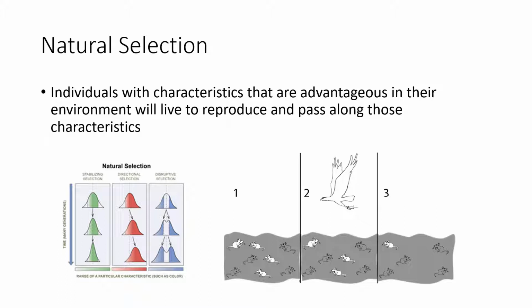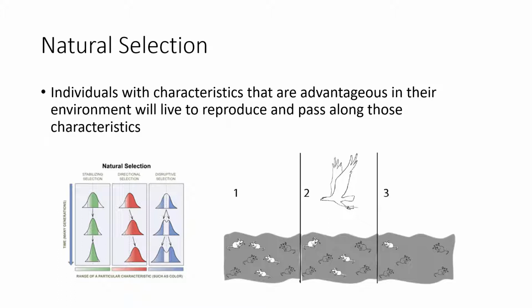So as you see here, short term, you have the little mouse. White is not better than the gray mouse, except for the fact that the gray mouse is more fit to survive in their environment.